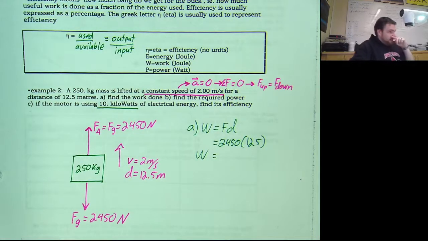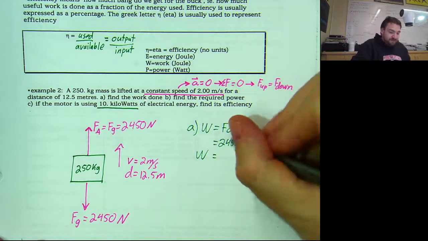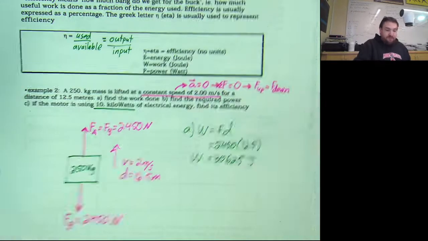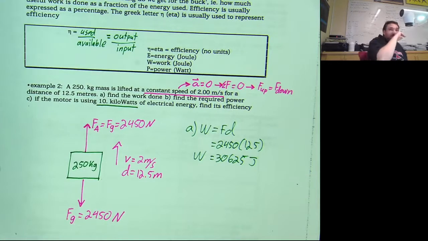It'll be handy to have your calculators here, making sure I'm not screwing these things up. I got 30,625. Seems reasonable. Okay, so there's the work.